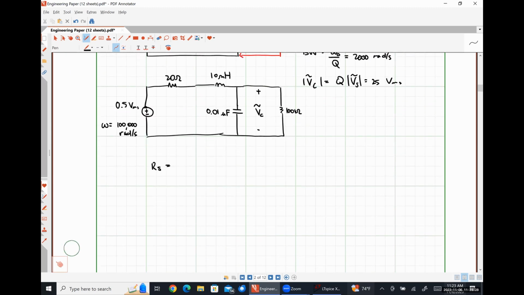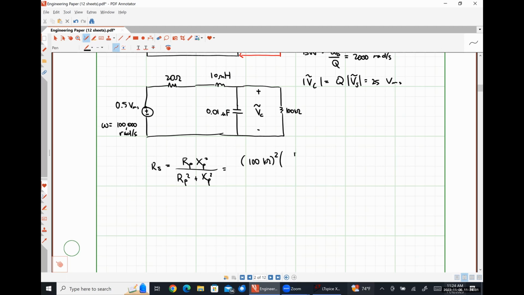So my series resistance, R sub S, should be R sub P times X sub P squared divided by R sub P squared plus X sub P squared, right? Well, R sub P is 100 kiloohms.